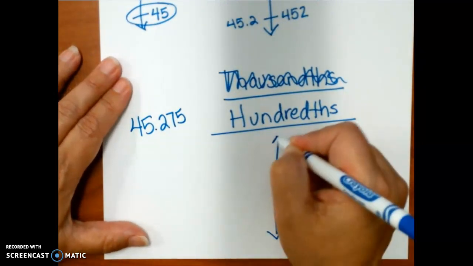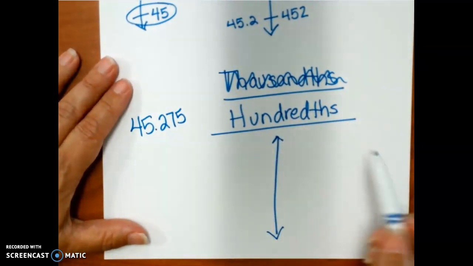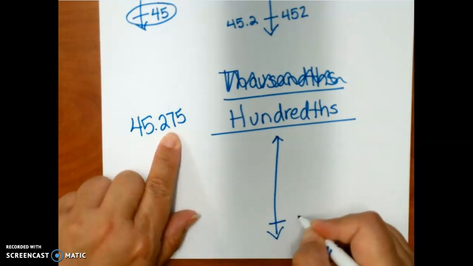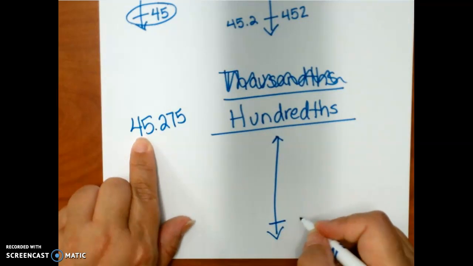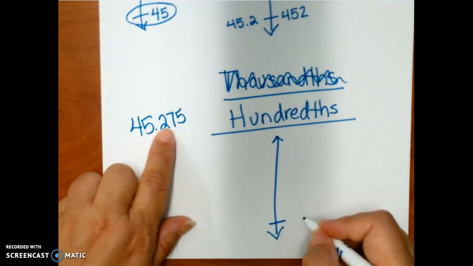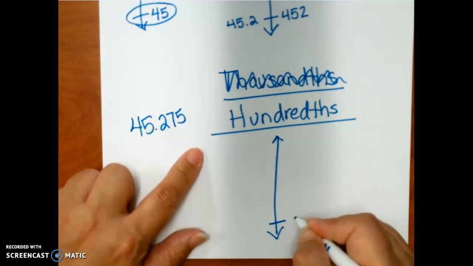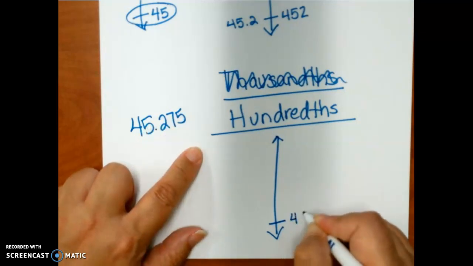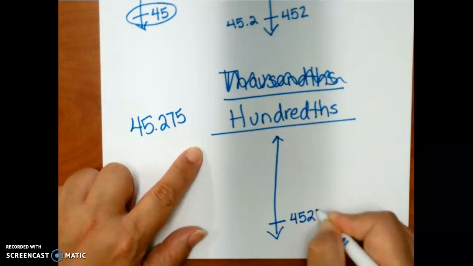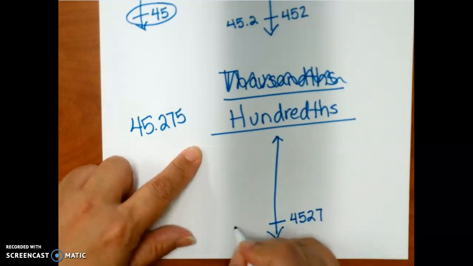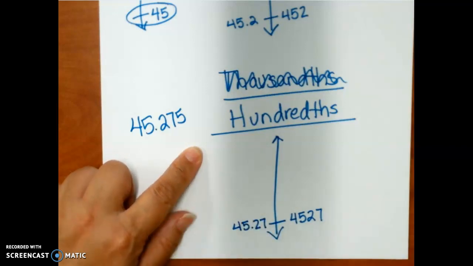How many hundredths do I have? There's a 7 in my hundredths place. But I have 4,527 hundredths in all of this number. So I can write it like that, 4,527, or I can write it as 45 and 27 hundredths.